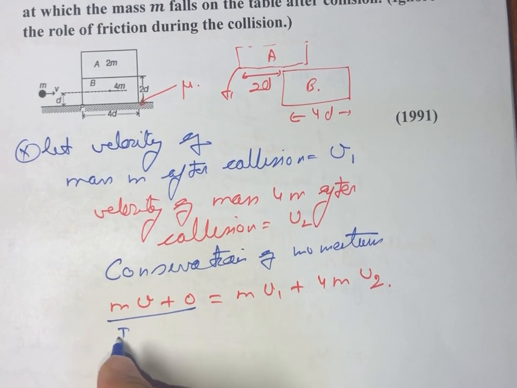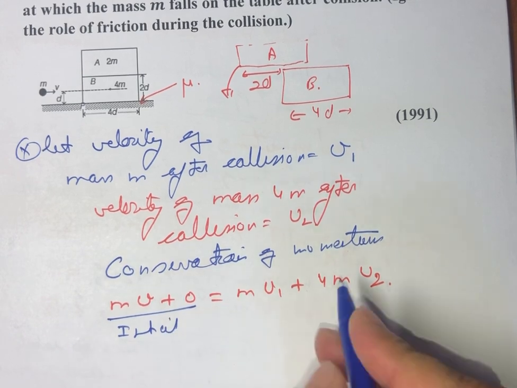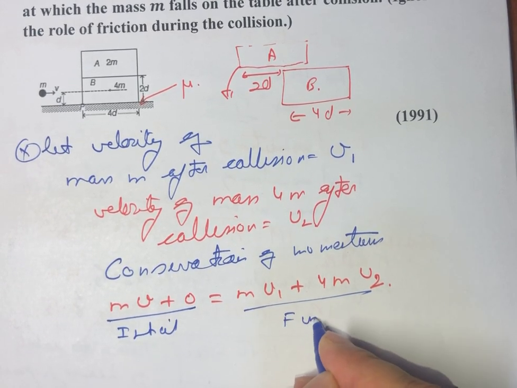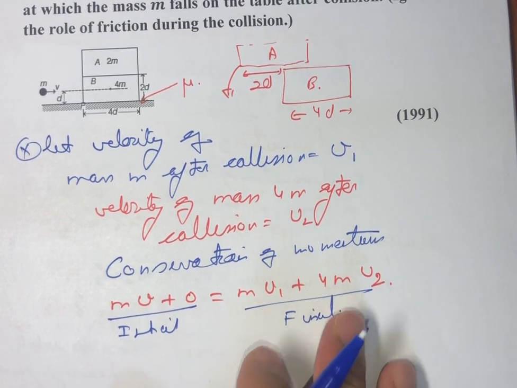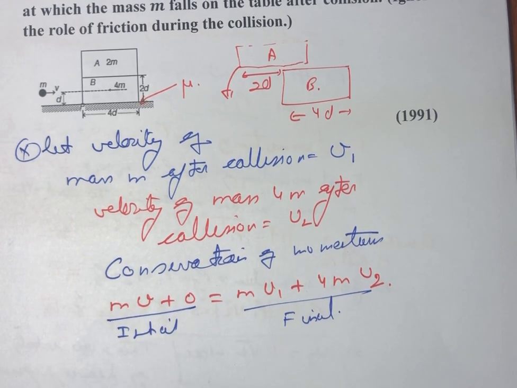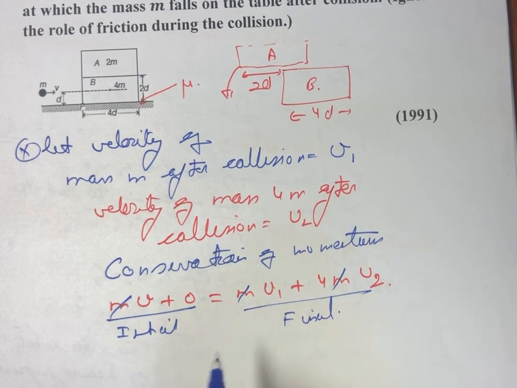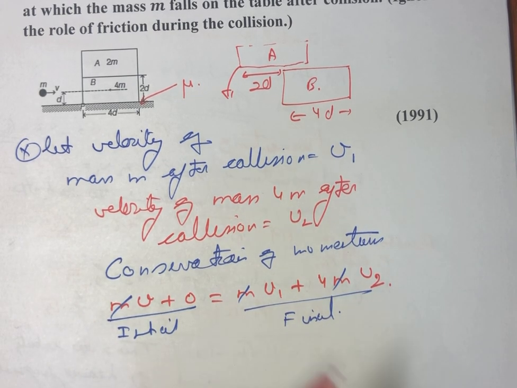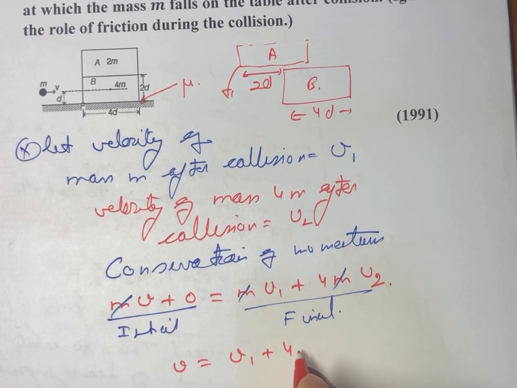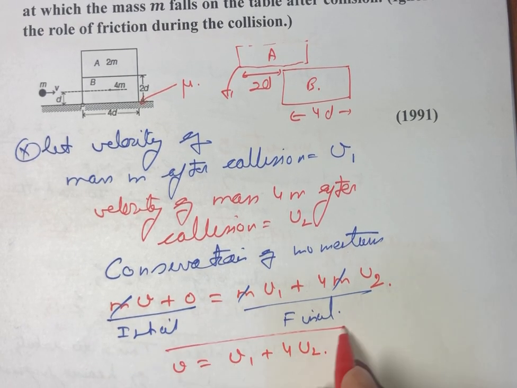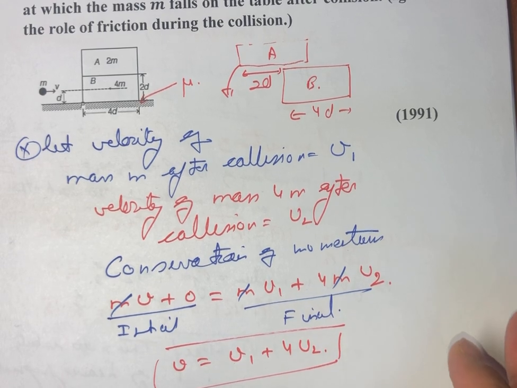So this is our initial and this is our final momentum. So here m cancels out. So we can say v is equal to v1 plus 4 times v2. Let us call this equation number 1.